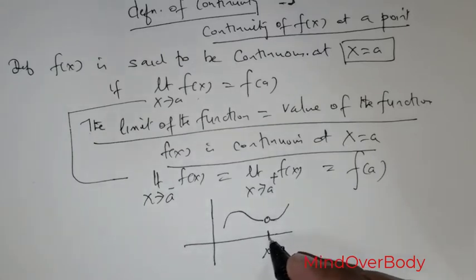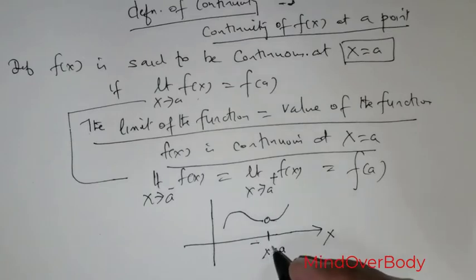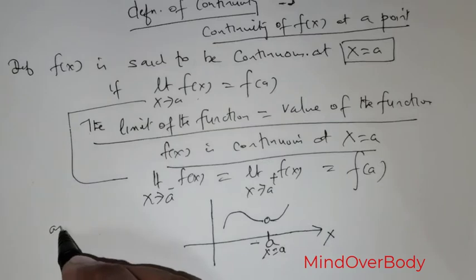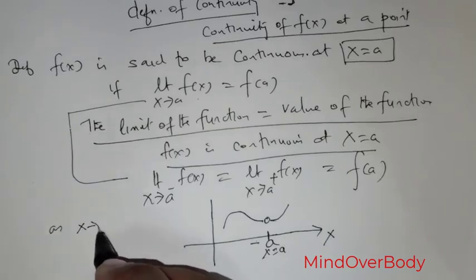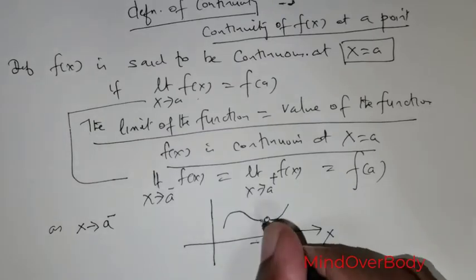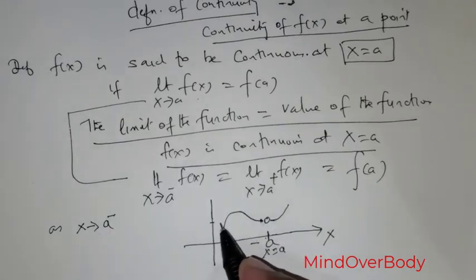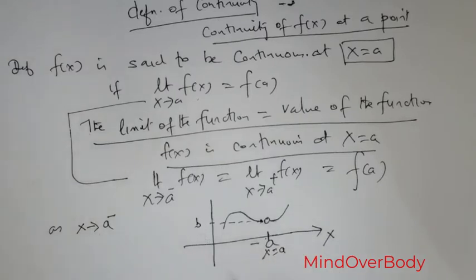Now as x is moving, or in other words, if this is the x-axis, right, and this particular point is a, now as we approach a from the left side, we take a value which is very close to a from the left side, it lands over here, and that would be corresponding to some point, say b.